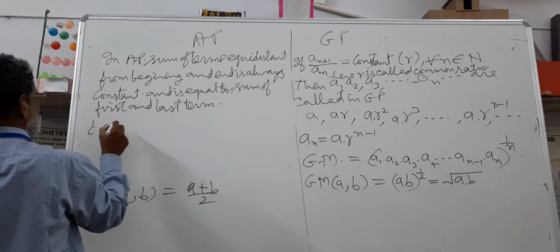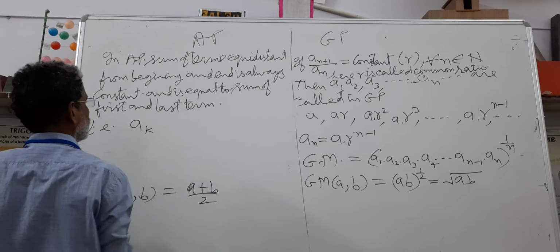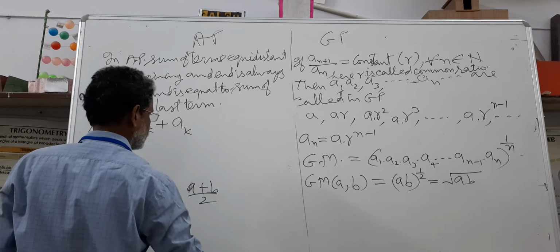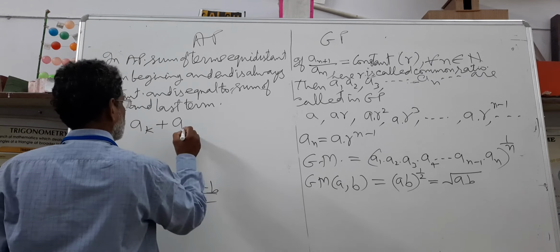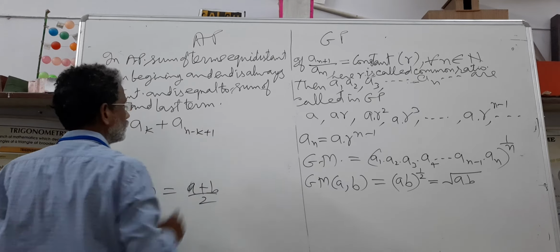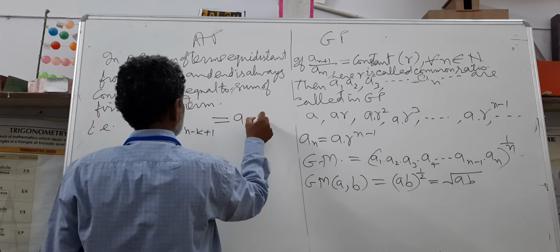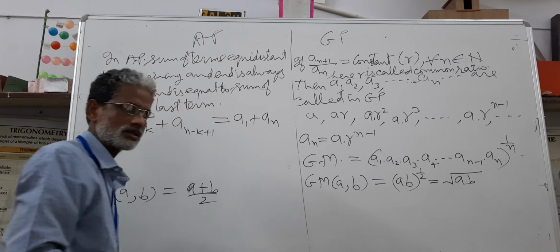That is, the kth term from beginning and kth term from end, a(n minus k plus 1), the sum always will be equal to the sum of first and last term.